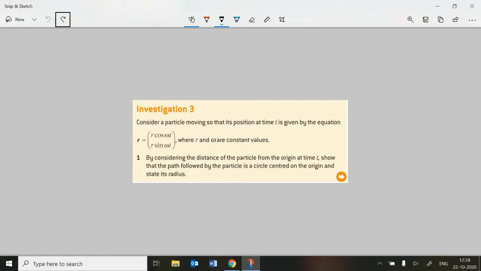So we have a trig function in the x part, the coordinate here of the displacement vector, and we have a trig function in the y part, so no exponential parts here at all. Now it says, by considering the distance of the particle to the origin at time t, so distance, not displacement, distance is the magnitude of this, then show that the path followed by the particle is a circle centered at the origin and state its radius.